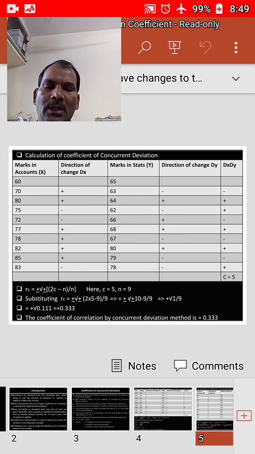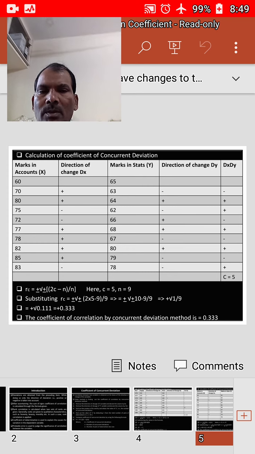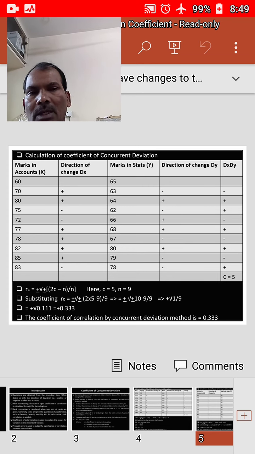As we got plus, we put plus under root 0.111, which is equal to plus 0.333. This is the value of the coefficient of correlation by the method of concurrent deviation.